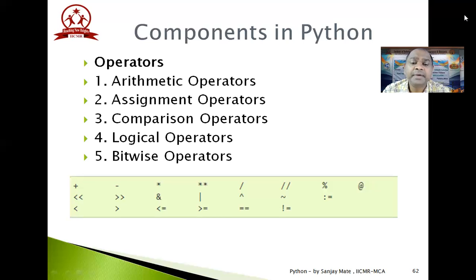The third one, the comparison operator, is used for comparing two operands or two values in conditions. The logical operator is also used in comparison. And the last one, the bitwise operator, which we will see again, manipulates the bits directly.